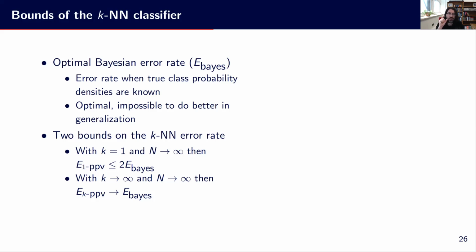Then the error rate of our k and n will converge and be really close to the optimal Bayesian error rate. That means that with enough samples and enough neighbors, we are able to estimate the real distribution of the data very well.